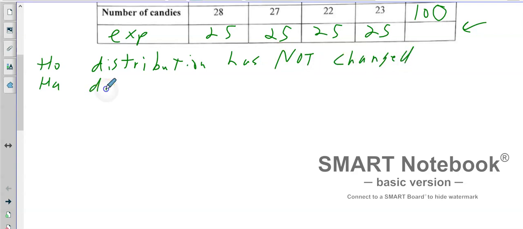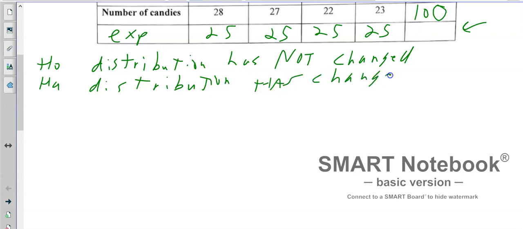And for the Ha, we say the distribution has changed. Okay, so pretty simple there.